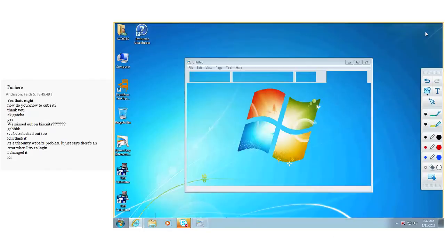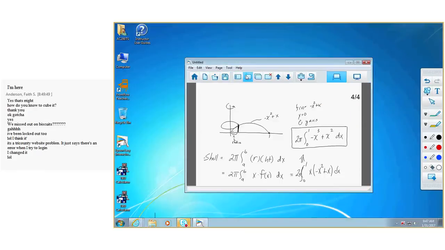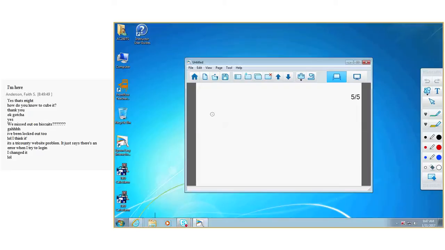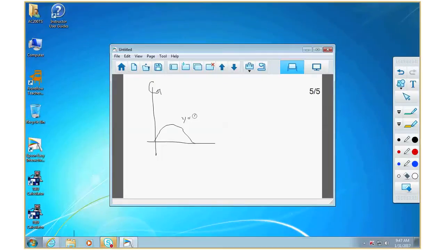Okay, I'm going to call the roll, but let me give you one more. I just want you to work on this one because it'll go in with your homework, because I haven't even done it yet. I'll just draw it, around the y-axis. And the function is y equals sine of x squared.